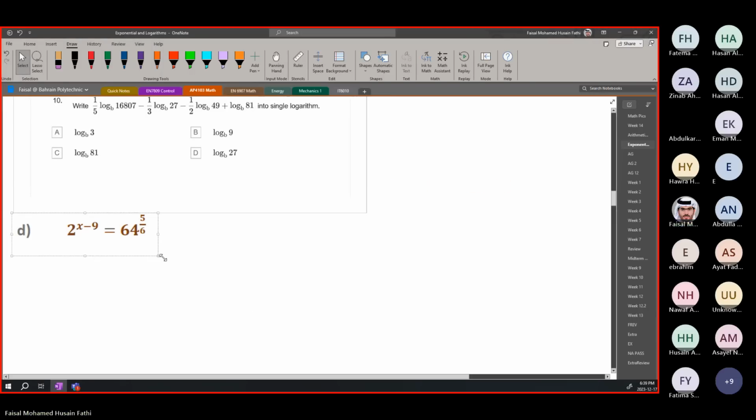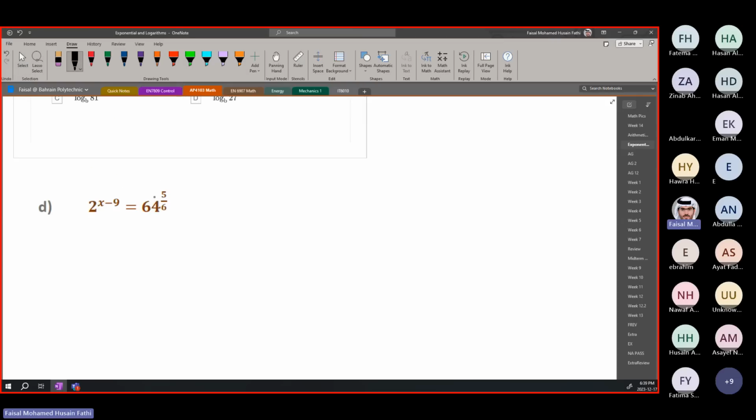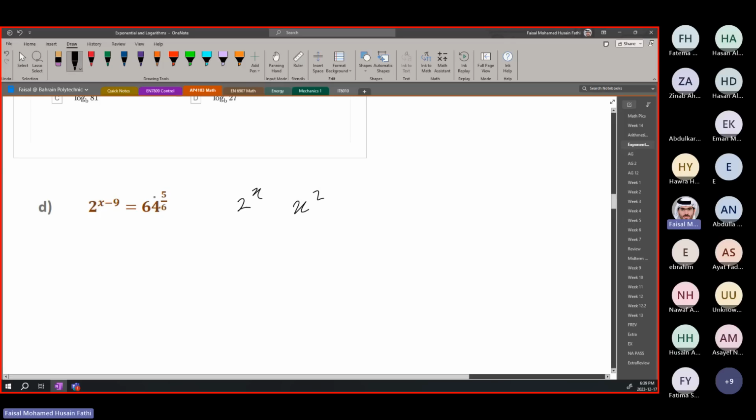Okay. Simple here. All we're going to do, this is not exponential, this is ln. If you remember, guys, when we have anything 2 power x or x power 2, we have to apply ln or log. So we're going to do ln 2 to the power x minus 9 is equal to ln 64 to the power 5/6.